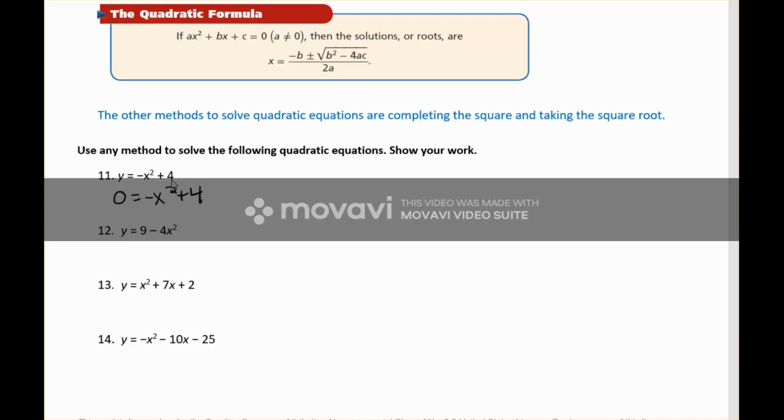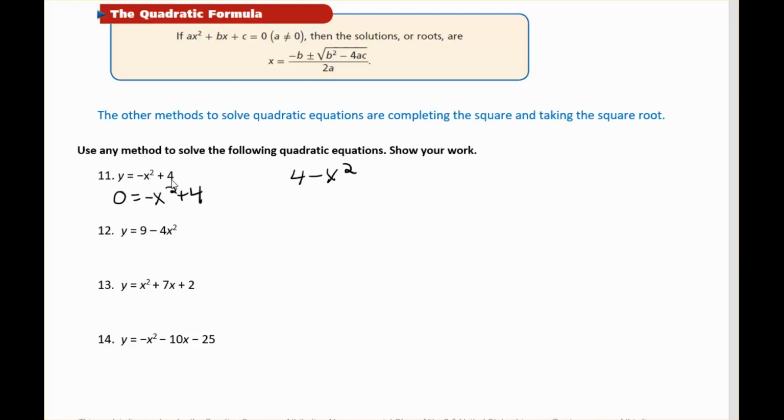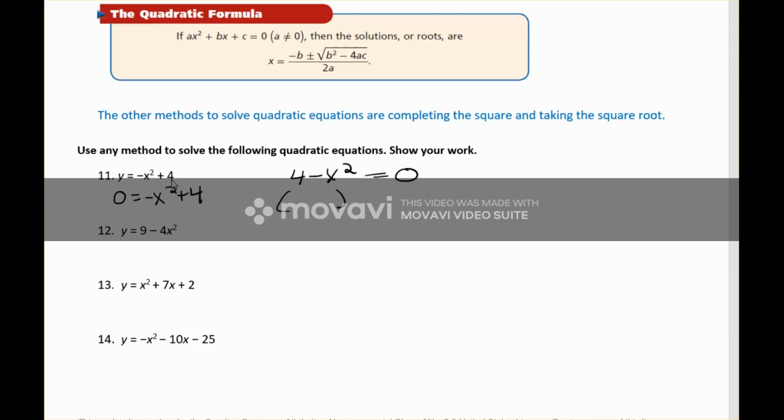In this one, I would start by factoring out a -1, or I could just reorder this so that I would have 4 minus x squared. The reason I'm doing this is just to make it easier to not have a negative there. So I think this is a perfect square, right? So this I could write as 2 and 2, and I could try this as x, and 1 is a negative and 1 is a plus.